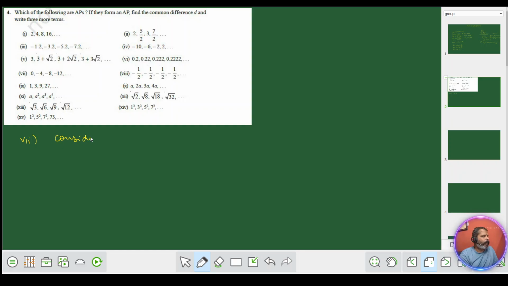Consider 0, minus 4, minus 8, minus 12. Yes, I think they form the AP because 4 will come, right?